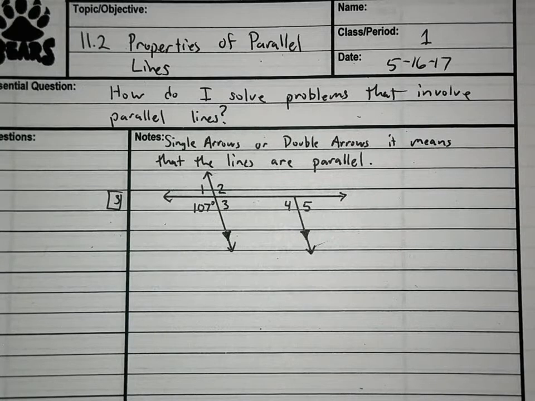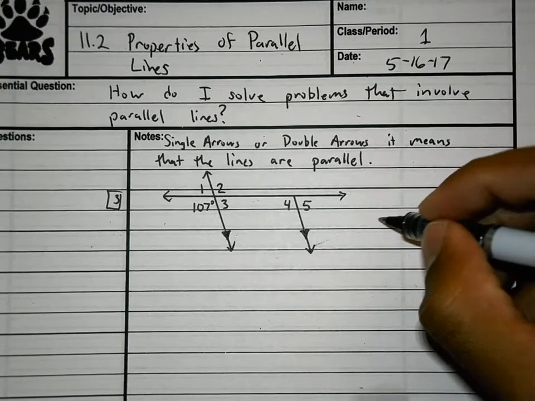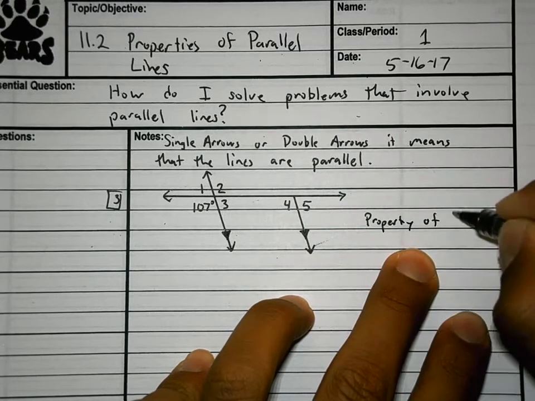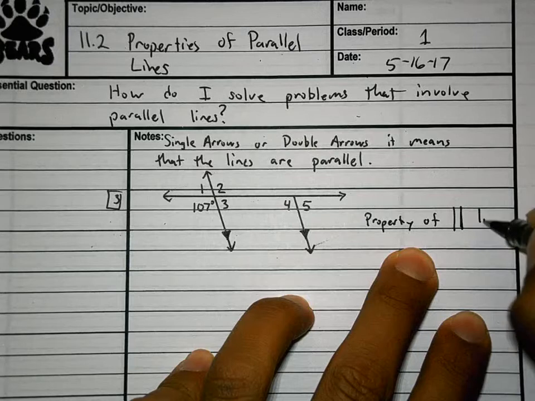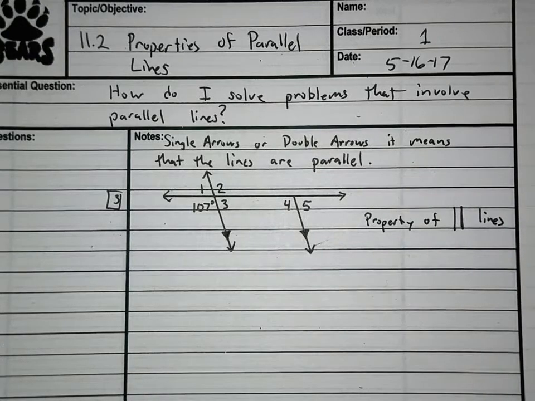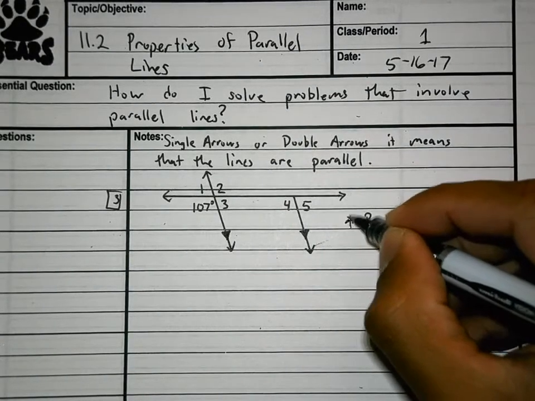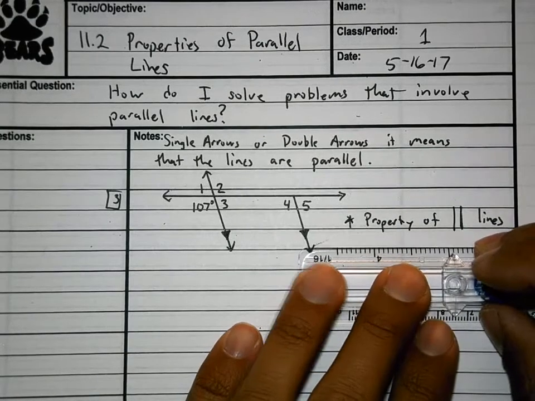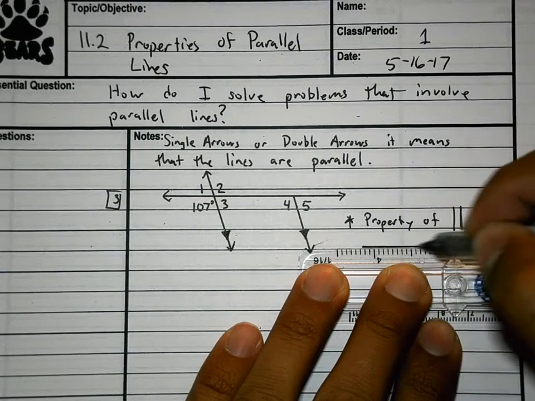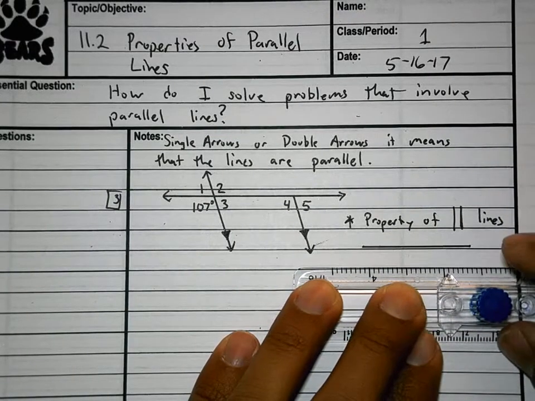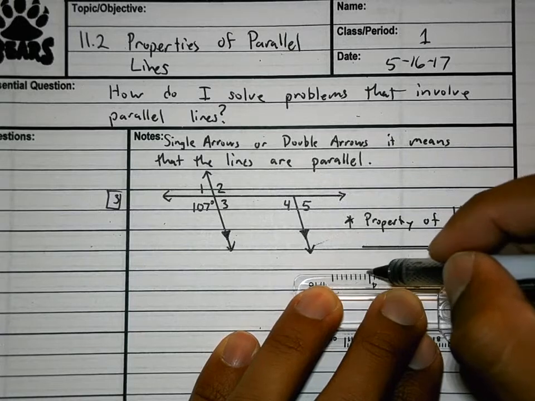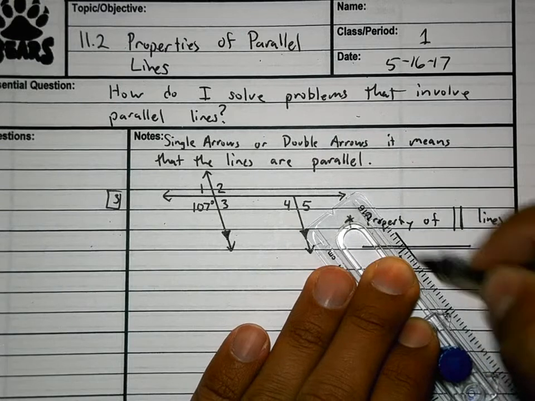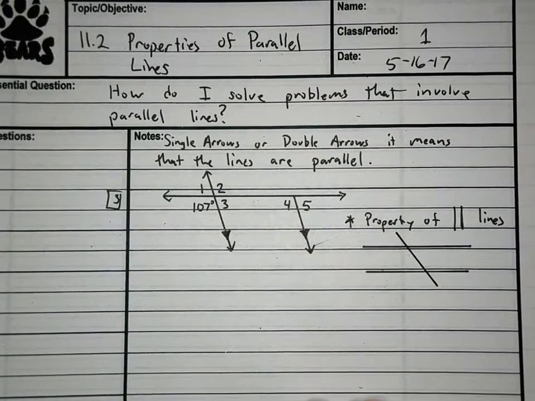Okay, here's the property that we're going to use. I'm going to put the property right here. Property of parallel lines. Let's put it just off to the side. I'm going to highlight two parallel lines, and I'm going to make a line that's a transversal between those two lines.